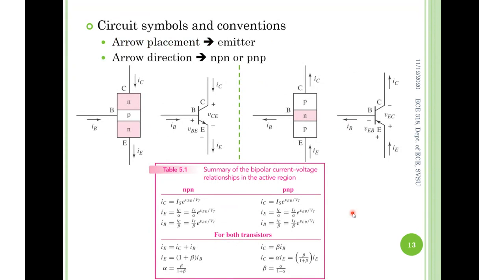And here, circuit symbol. Now we start to talk about a circuit symbol, and also identification of which type. Remember, there are 3 identifications, just exactly the same as the MOSFET: identifying terminals, identifying type, identifying the common circuit.